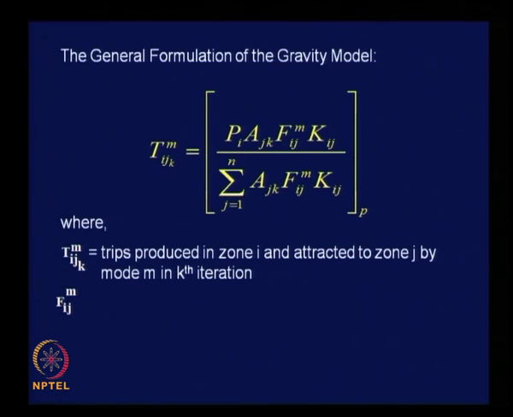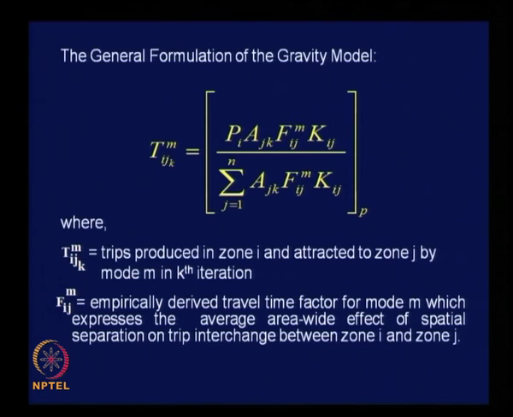Fij^m is the empirically derived travel time factor or friction factor for mode M, for a specific mode, which expresses the average area wide effect of spatial separation on trip interchange between zone I and zone J. K is the iteration number and P is the trip purpose. This is a very general form of the gravity model.